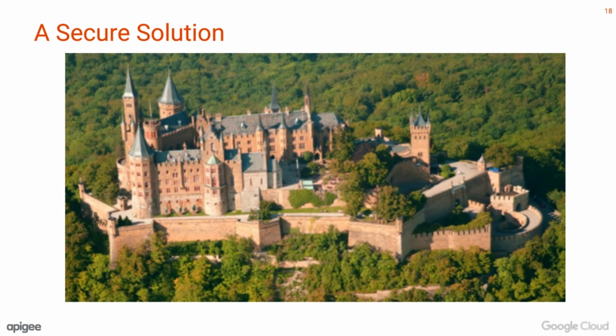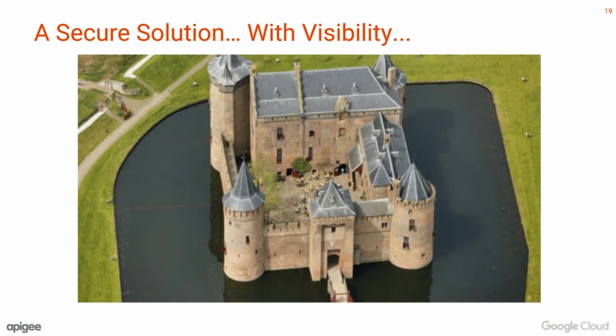So let me show you a different picture and why it's more secure, and why I relate this to an API provider that's using Apigee Sense. Similarly, they have a front gate and the addition of a moat to throttle traffic and protect them.